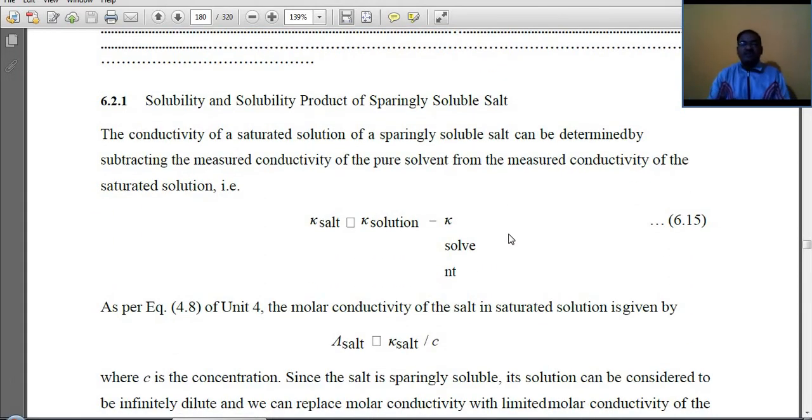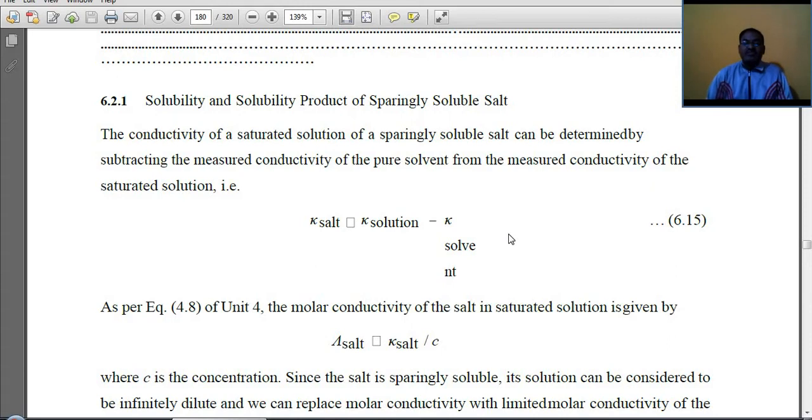Next, solubility and solubility product of sparingly soluble salt. We consider any salt in a solvent that is either sparingly soluble or completely dissociated.